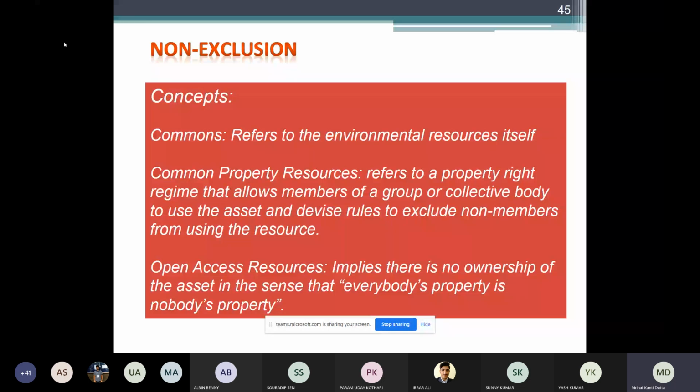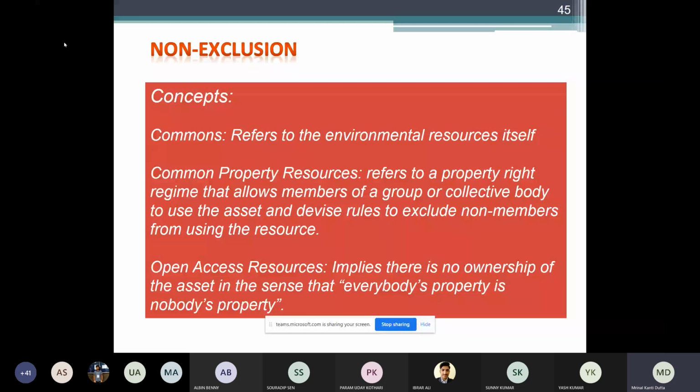So if the extraction rate is higher than the regeneration rate, obviously the resources might exhaust, even if it is a renewable resource. So that is another issue. Here in the case of open access resources, there is a probability that the resource gets degraded very quickly.